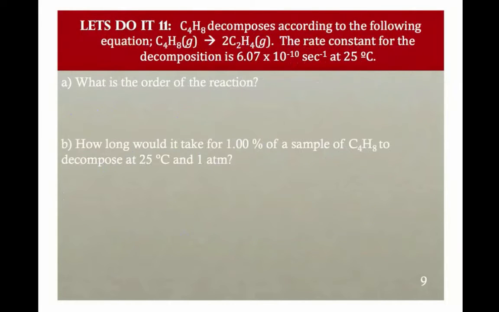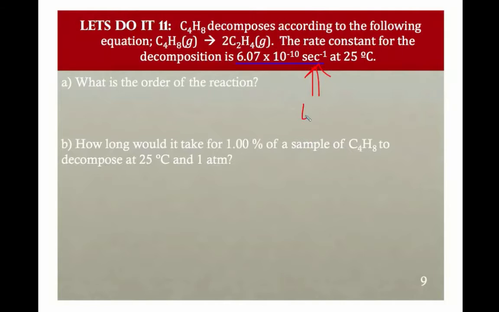Now, this next one kicks it up a notch, just a little bit. It gives us the rate constant like we had last time. What it doesn't do is give us the order. So we have to figure out the order. And this is where having units on the rate constant is going to give us that critical information that we need.